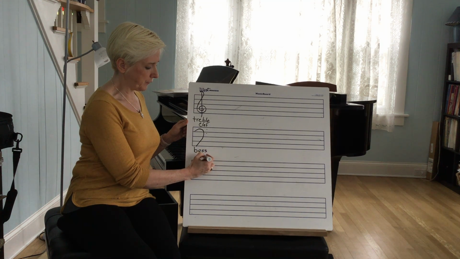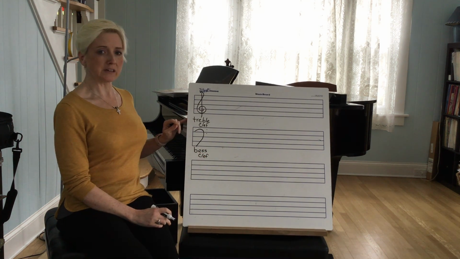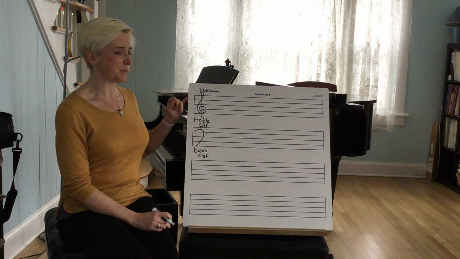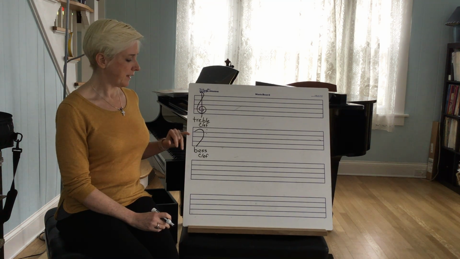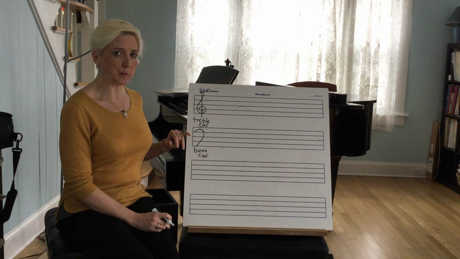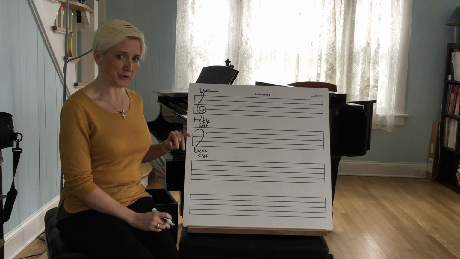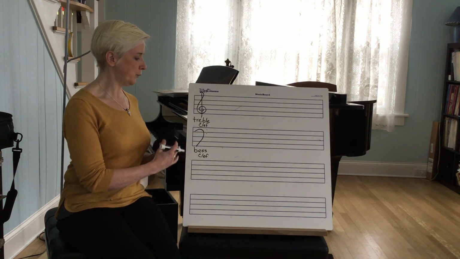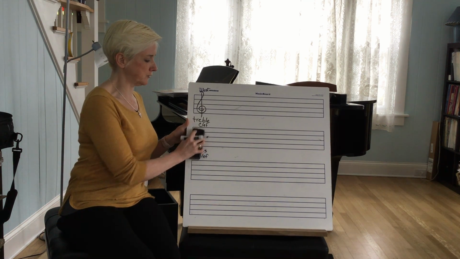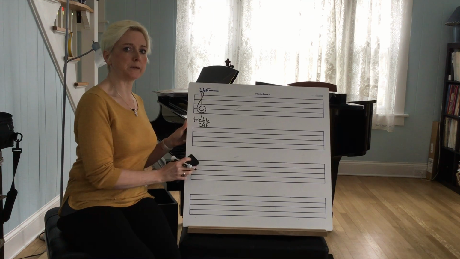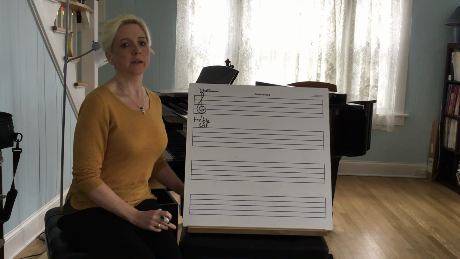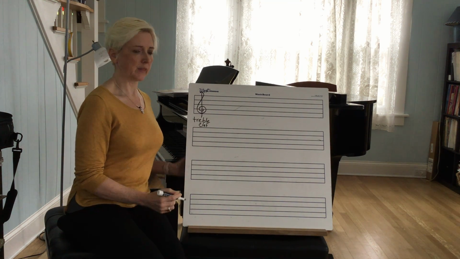On the piano, the treble clef is generally used for middle C on up, and the bass clef is generally used for middle C on down for the lower notes. For the violin, we use the treble clef exclusively, where lower instruments such as the cello and the bass would use the bass clef.